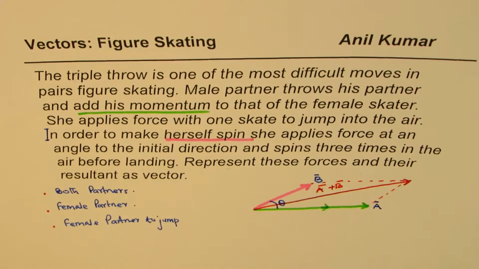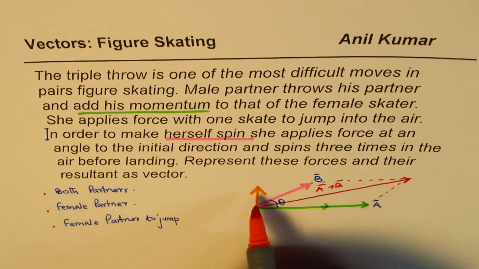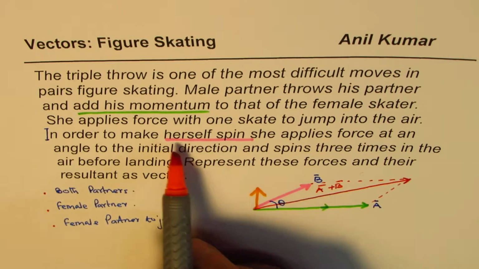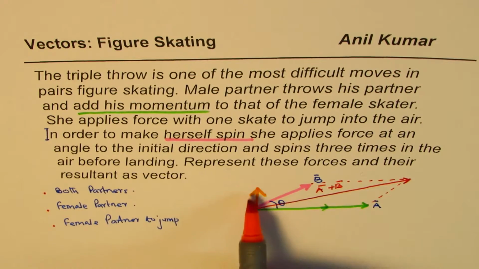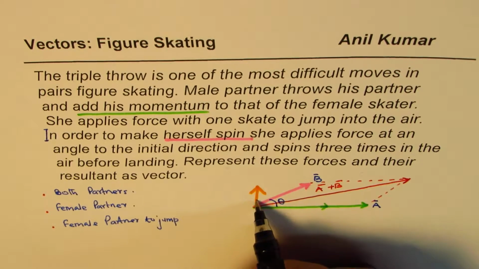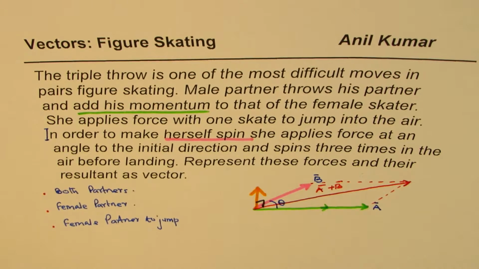And then there is a third force which acts upwards, and this third force is for the jump. That force helps the female partner to be in the air and take 3 spins. This force is at right angles to the resultant and any of those two forces. It is kind of like this. Do you see that? So that's the scenario for us. That is how you could represent all the 3 forces.